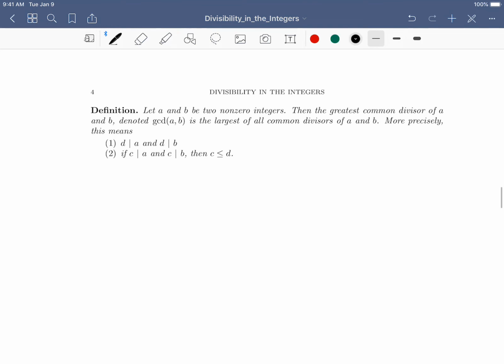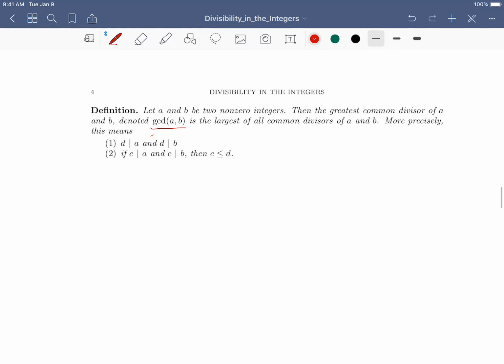And then using the two of them, what we get is this Euclidean algorithm that tells us the GCD of two numbers. So GCD, here's the definition of that. Suppose a and b are two non-zero integers. The greatest common divisor of a and b, which we denote GCD of a and b, is the biggest of all the common divisors of a and b.